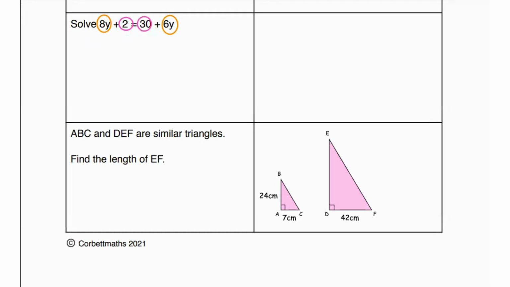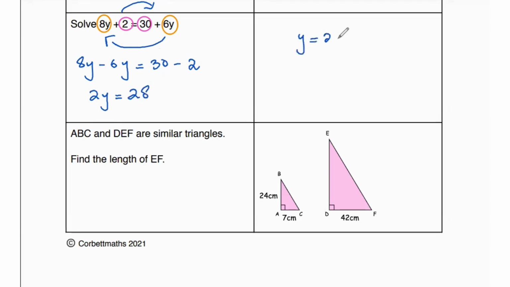So we're going to collect the like terms on each side. For that, I'm going to move 6y over here and move 2 over here. So it's going to be 8y minus 6y equals 30 minus 2. 8y minus 6y is 2y, and 30 minus 2 is 28. So y is going to be 28 divided by 2, and that is 14. That's your answer.